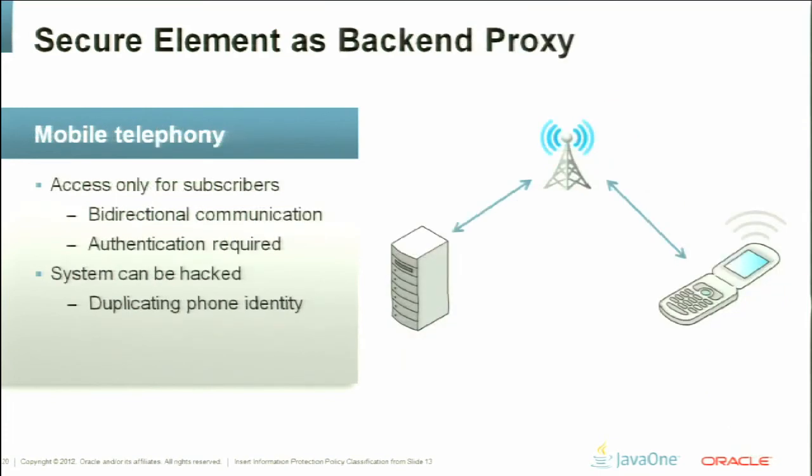So the second use case is mobile telephony. Here we have a network operator that provides network infrastructure to its customers. The customers are allowed to connect to the network with their own device. So the network doesn't own the device.